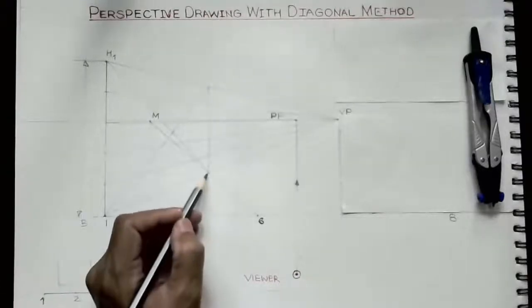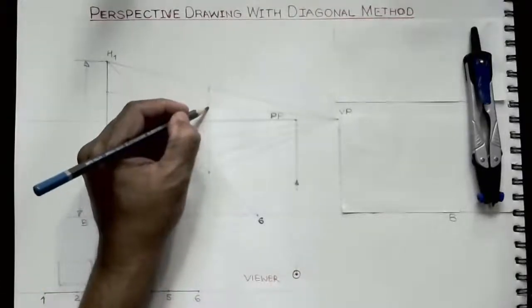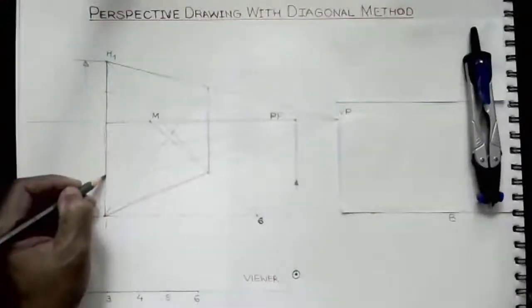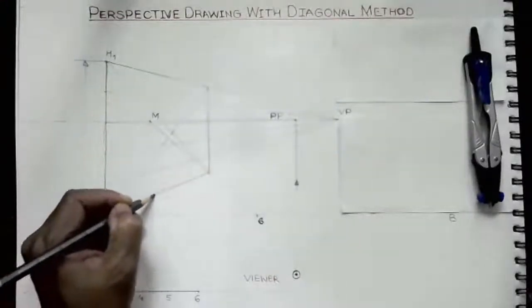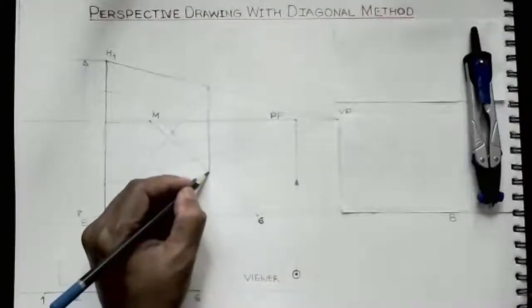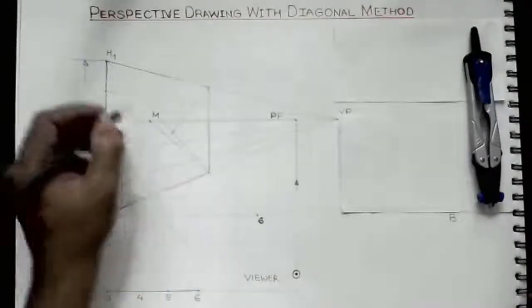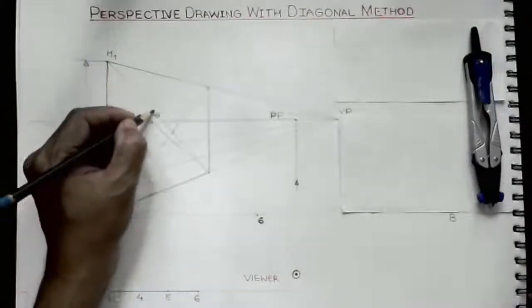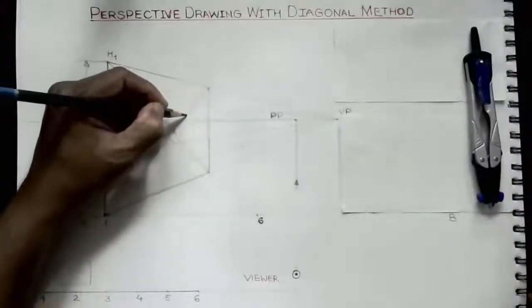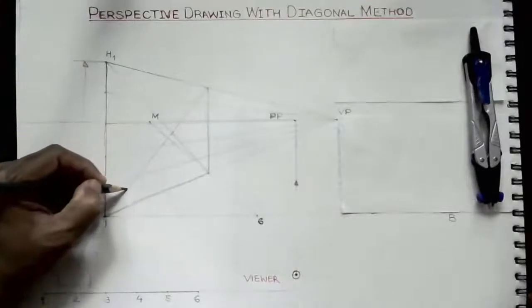When we cross this, we draw this vertical line like this, for the perspective of this rectangle. Once this is there, we join these two diagonals.